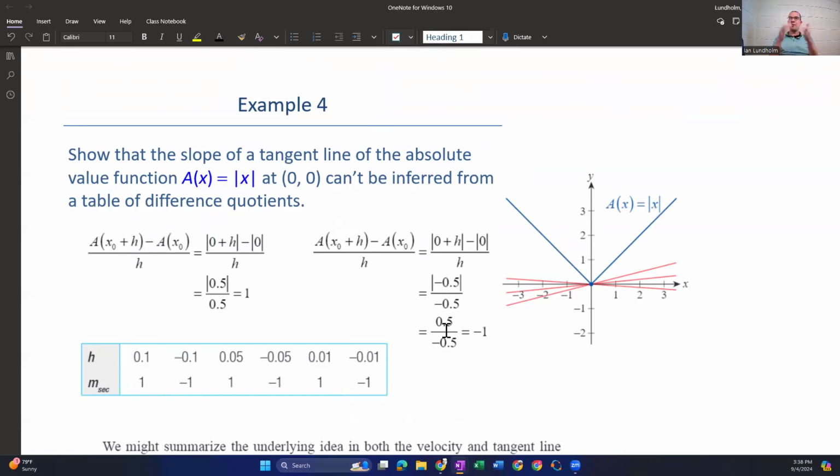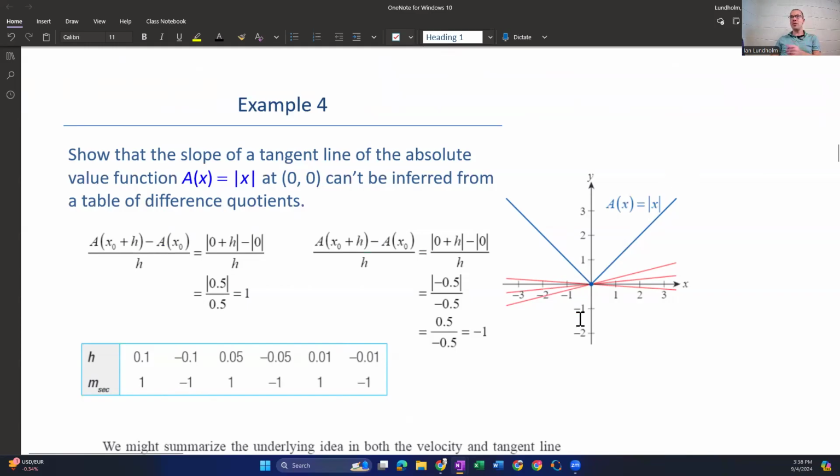For an absolute value function, we have a nice slope of 1 for positive x values, and for negative x values, we have a negative slope of -1. So if we try to use difference quotients here, everything from the left would give us a slope of -1, and everything coming in from the right would give us a slope of +1.